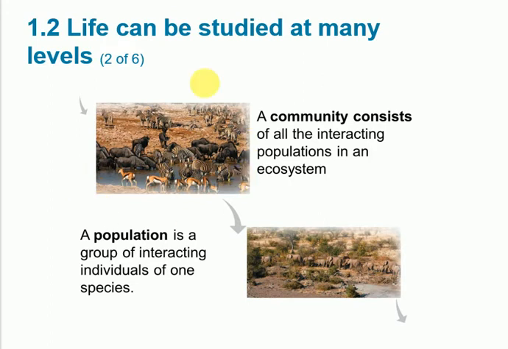So the whole thing here is considered a community of animals, but each one of those animals is considered a population. The key point is species. It's one species. So you can say the population of monkeys, the population of dogs. So it's one species only. This is your clue here. Community is different populations within the ecosystem, and different populations means different species.